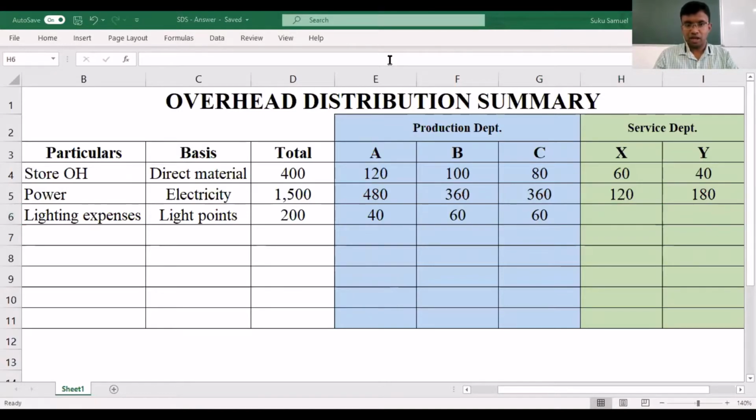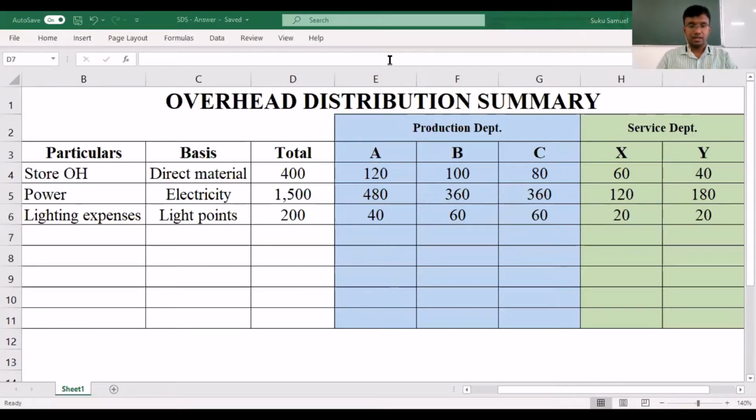And finally, for the last two, it is 5 and 5. So 5 divided by 50 into 200 is 20, and the last one is also 20. With that, we have completed reapportioning lighting expenses.